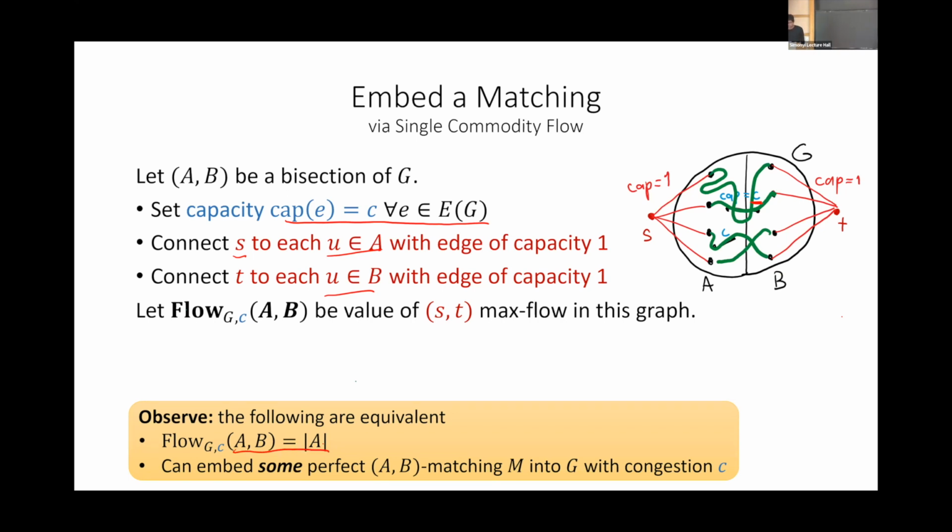It means that I can actually find an embedding of a perfect matching between A and B. And the congestion is going to be C because the congestion of every edge here is C. So if the max flow is of size A, then you have found the embedding of a perfect matching from A to B of congestion C. So you get this perfect matching embedding M. So M embeds into G.